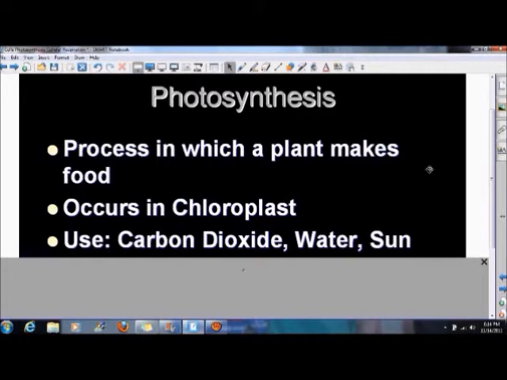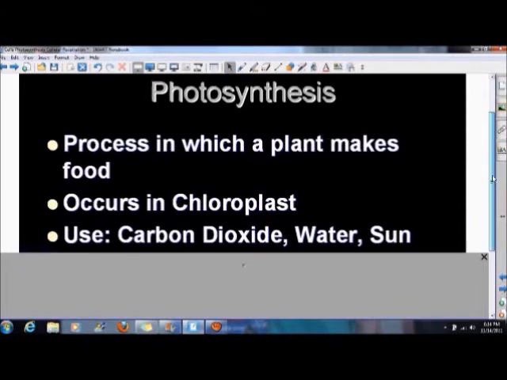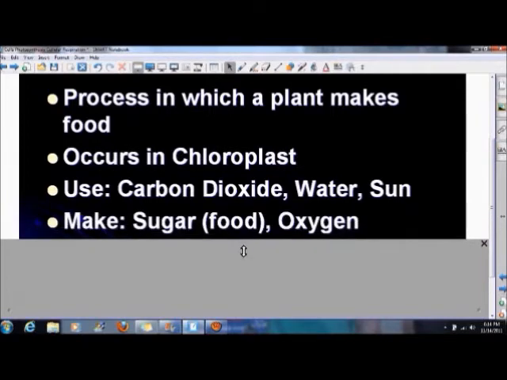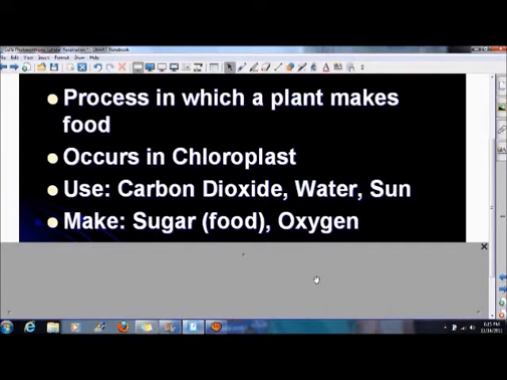During photosynthesis, plants use carbon dioxide, water, and energy from the sun. They need those three things. Using those three things, they're able to make sugar, which is their food, and the sugar is referred to as glucose.